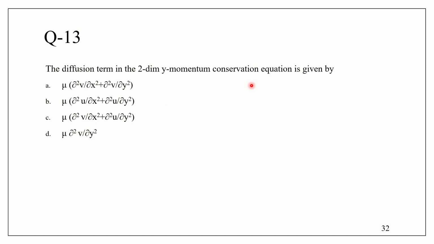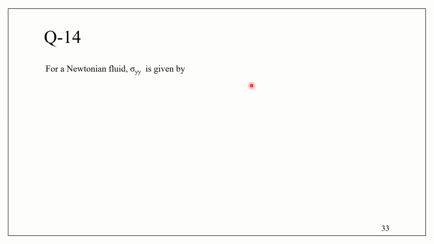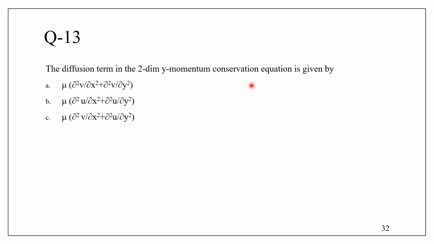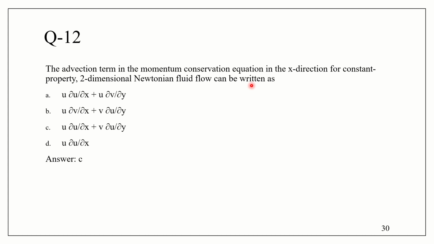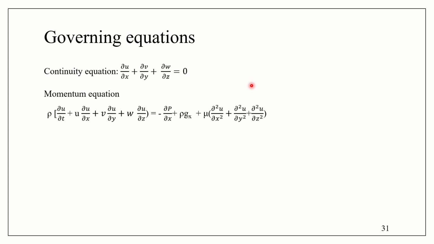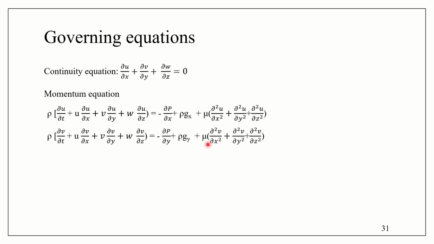Because we are dealing with the two-dimensional case and we are asked to find the y momentum conservation equation. If we go back and look at the governing equation slide, we can see that for the y momentum direction, this is the equation and these are the terms.